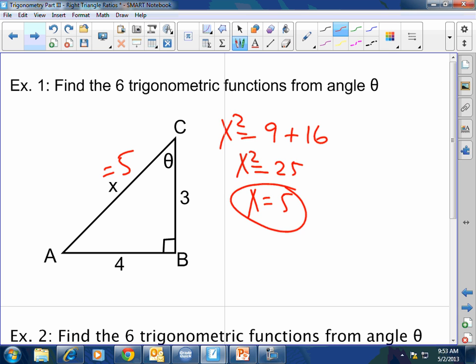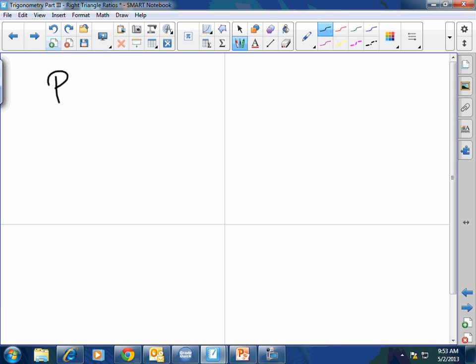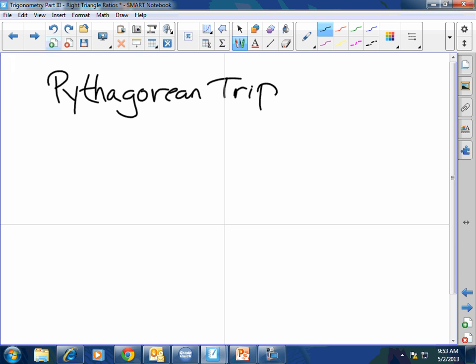I'm just going to give you a real quick aside. There are things called Pythagorean triples. These are triangles that are tried and true, that everyone knows are right triangles, and these relationships always exist.